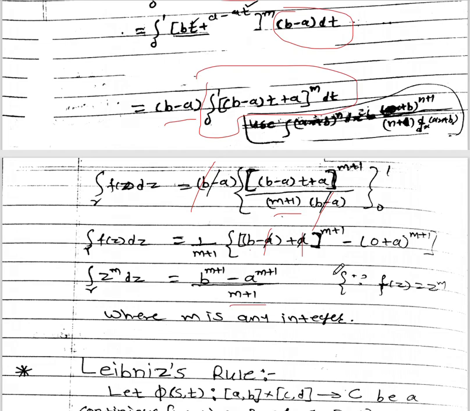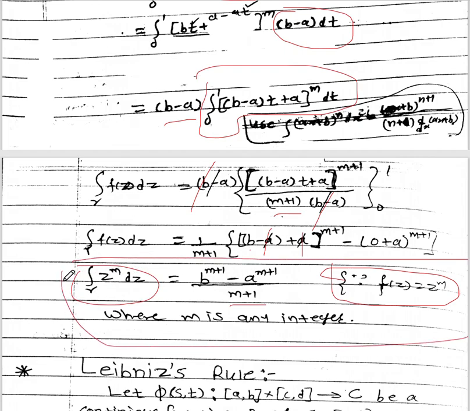Okay, so we know that f(z) is z to the power m. So we can put z to the power m instead of f(z). Therefore the integral over gamma of z to the power m dz equals (b to the power m plus 1 minus a to the power m plus 1) upon m plus 1. So this is the required result of the given problem. Hence the proof of this problem is proved.